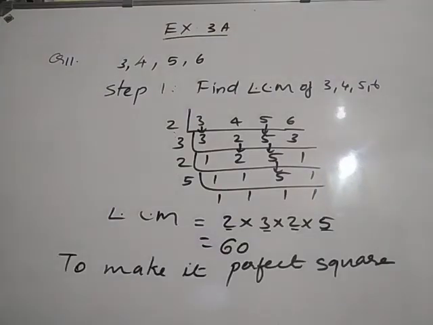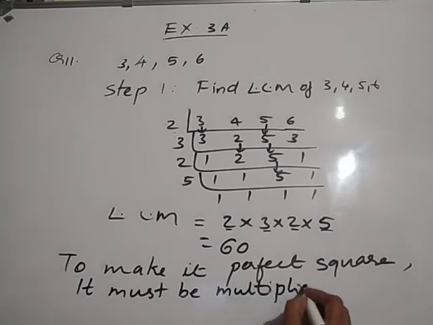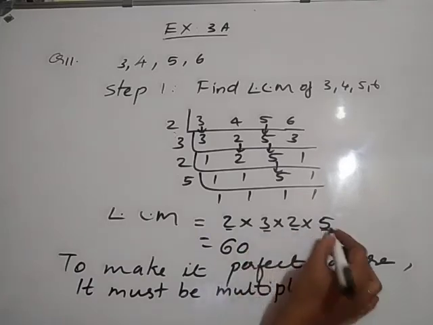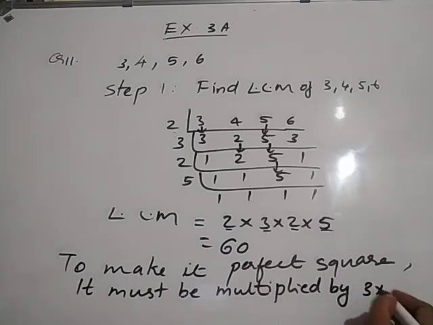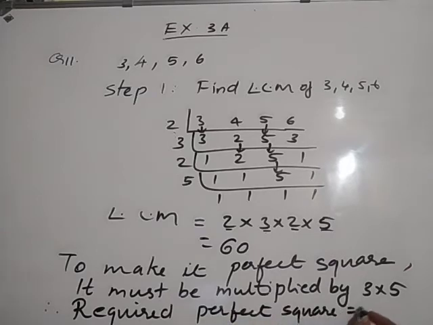Make it a perfect square, multiply by 3 and 5. It must be multiplied by 3 and 5. Therefore, required perfect square is 60 into 3 5s are 15.